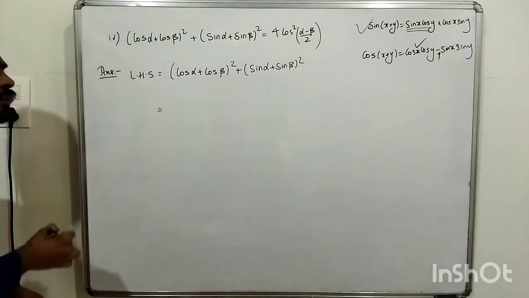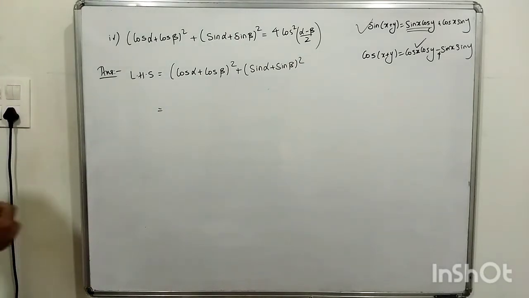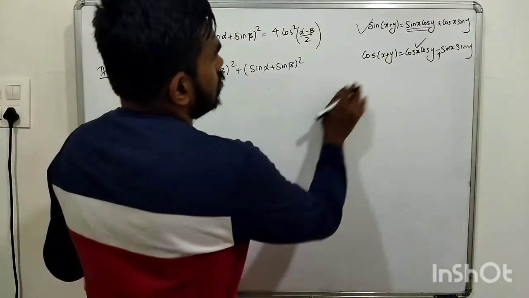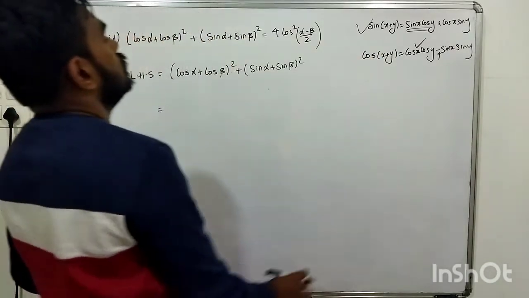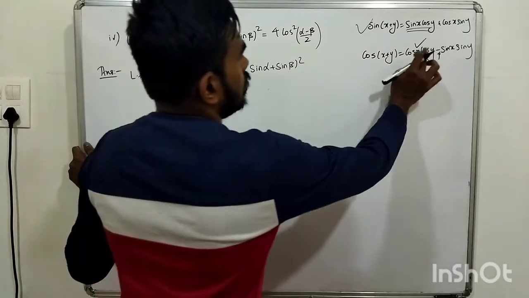Now cos alpha plus cos beta, from that formula, do you get? Since it is cos, I'll look at this formula, and since there is plus here, look at this.